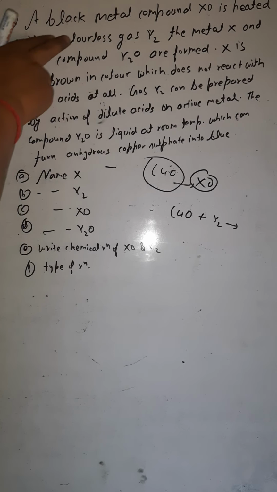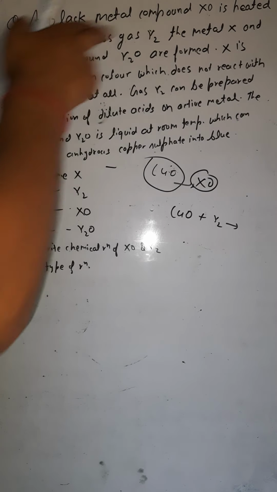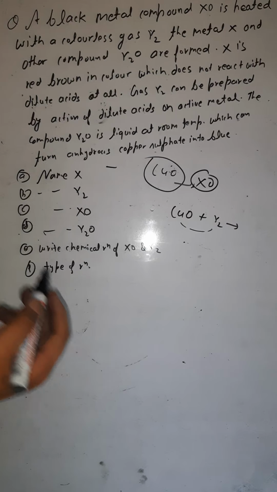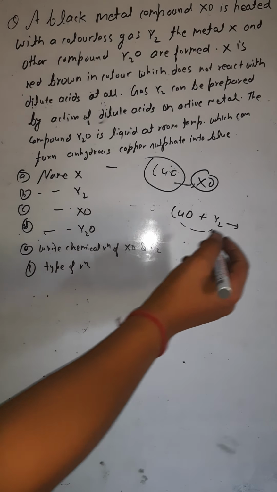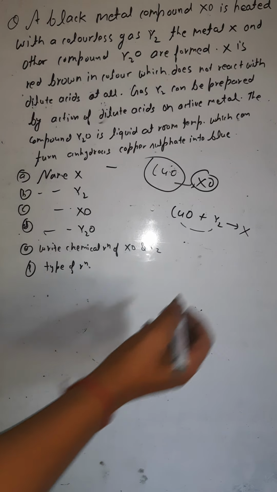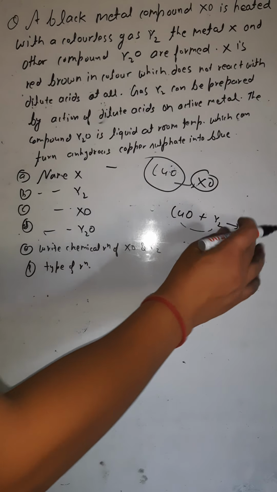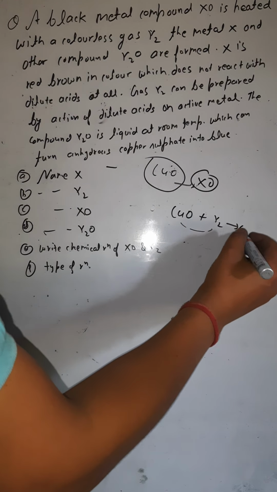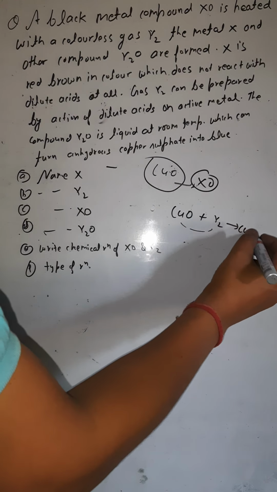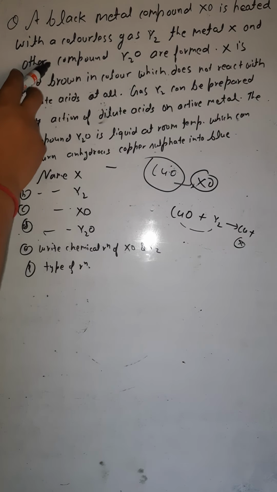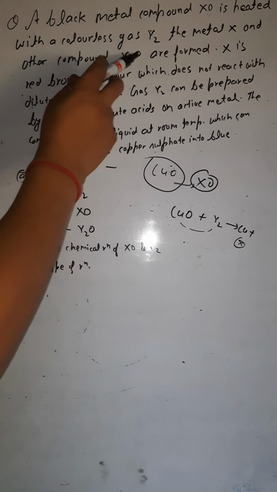If you are heating with a colorless gas Y2, the metal X and the other compound Y2O are being formed. So when these two are reacting with each other, a metal X is being formed here. So definitely if it is CuO here, X could be Cu. So this X could be Cu, and you have a metal X. So this is X here. The metal X and the other compound Y2O are formed.